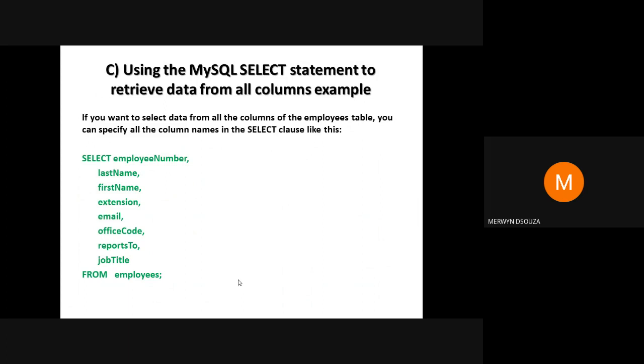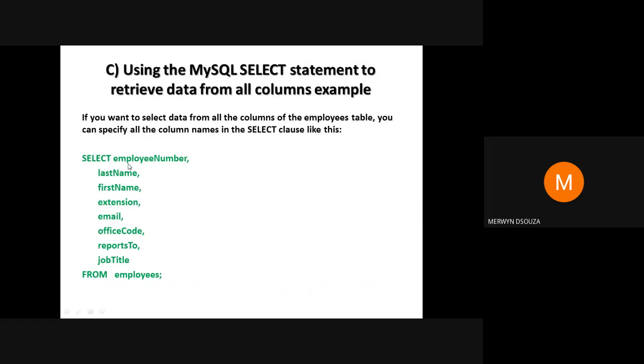You could also use the MySQL select statement to retrieve data from all columns. If you want to get the data from the entire table, then you need to mention all the column names like this. Select. There are around 8 columns, so you mention each column separated by a comma.